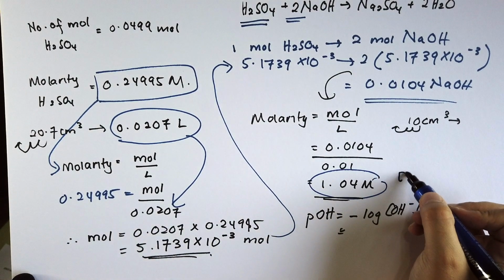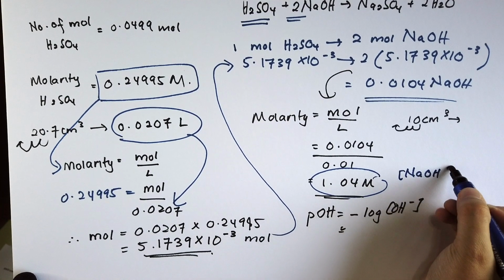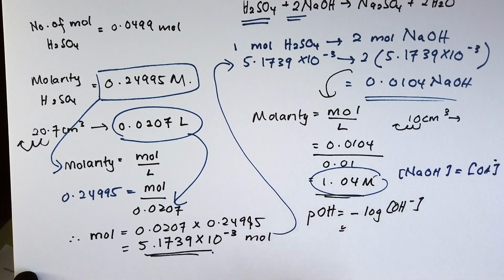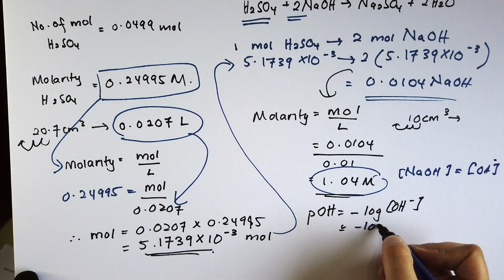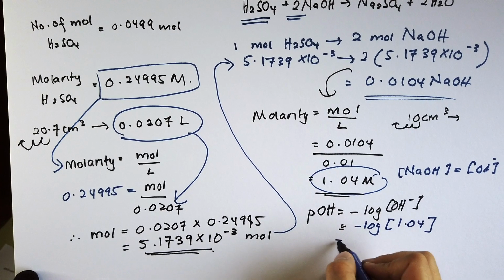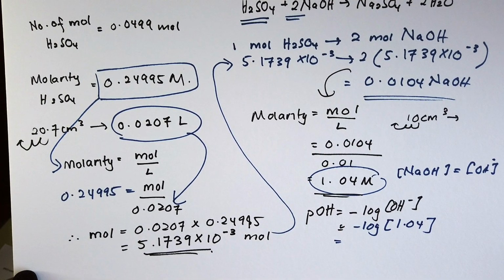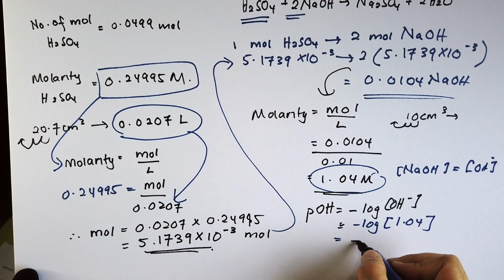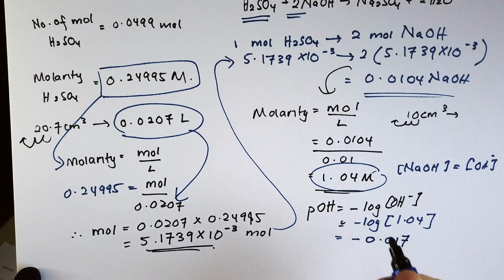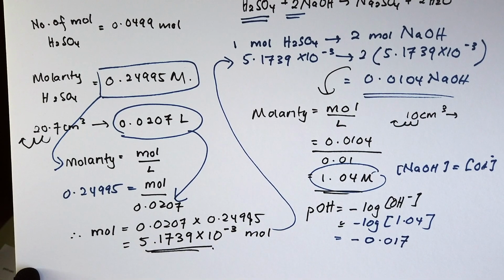So concentration of NaOH equivalent to concentration of OH minus. So negative log 1.04. So you should get the pOH of this is negative 0.017.